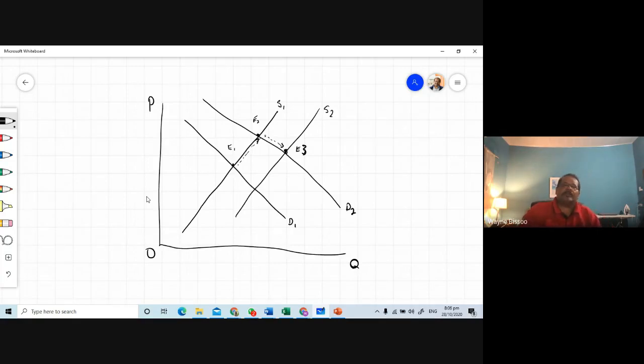So let me ask you all a question and see if you all can answer it here. I'm just going to clear off the center, and I want you all to help me with this. What happens in the market for sorrel for Christmas?